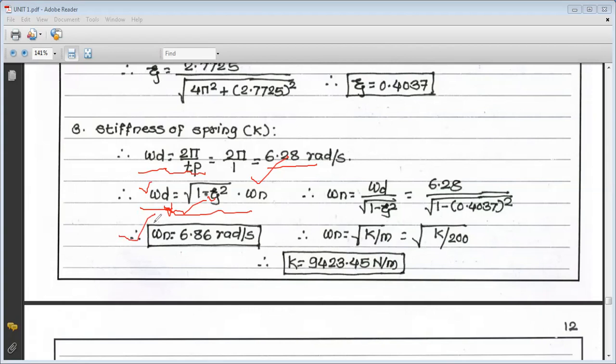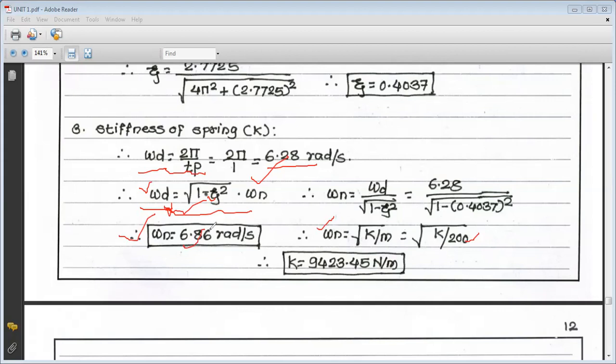Now if we get the value of omega n, we can find k and m. Now the mass of the automobile is given, so we can find the value of k. We know that omega n is equal to square root of k by m. Now the value of mass is 200 and the value of omega n is 6.86 radian per second.